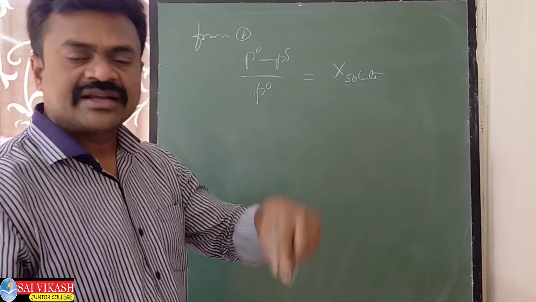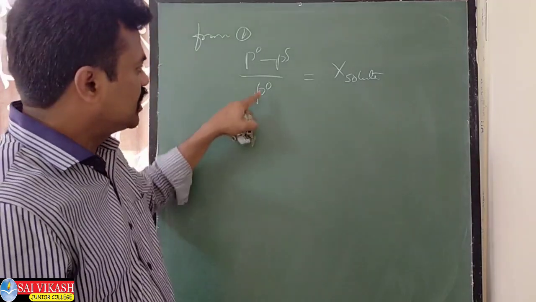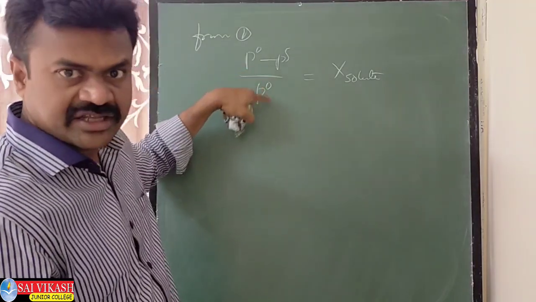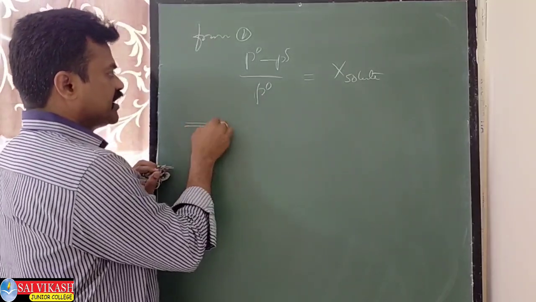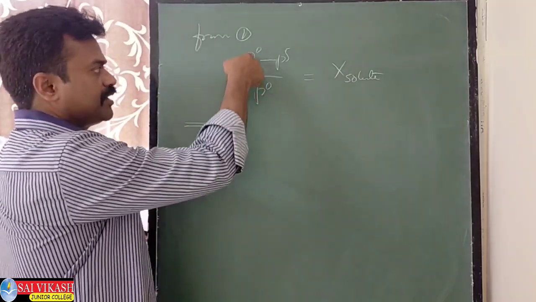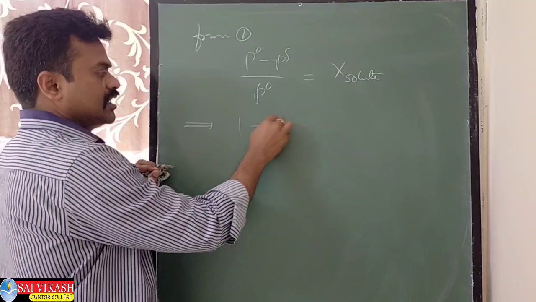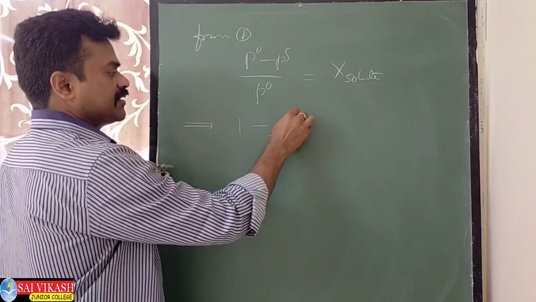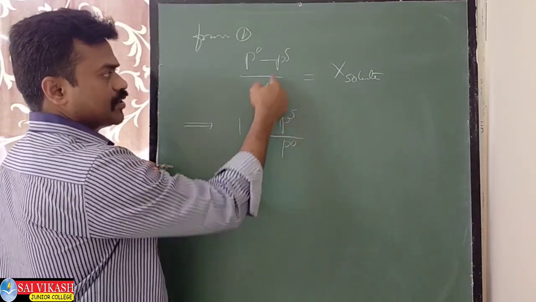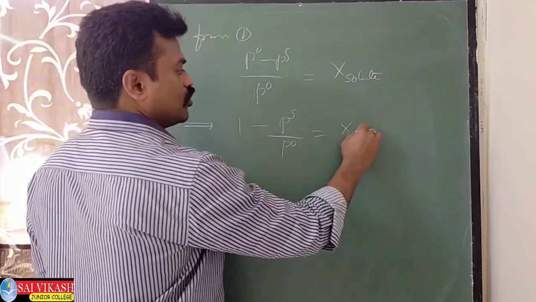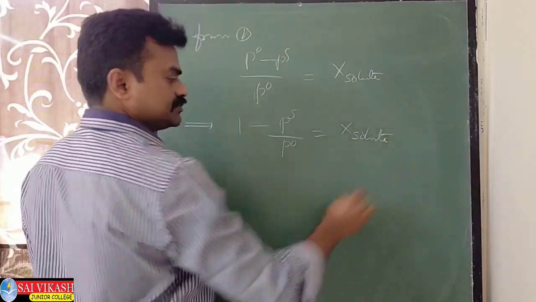If you divide all the terms by P naught, it will be 1 minus Ps by P naught is equal to mole fraction of solute.